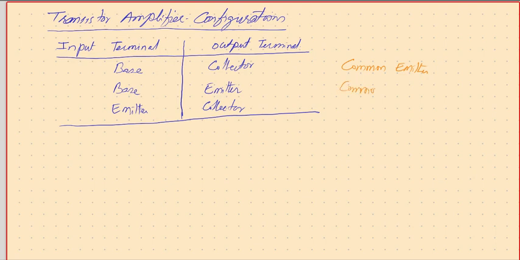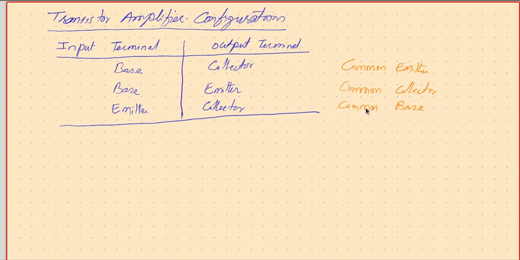Common should be the collector. And if input is emitter and output is collector, then the third one should be common, so this is called common base. So we have three configurations: common emitter, common collector, and common base.